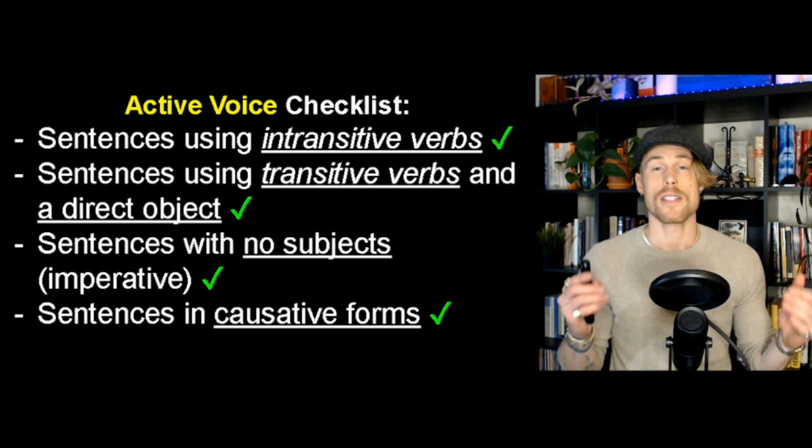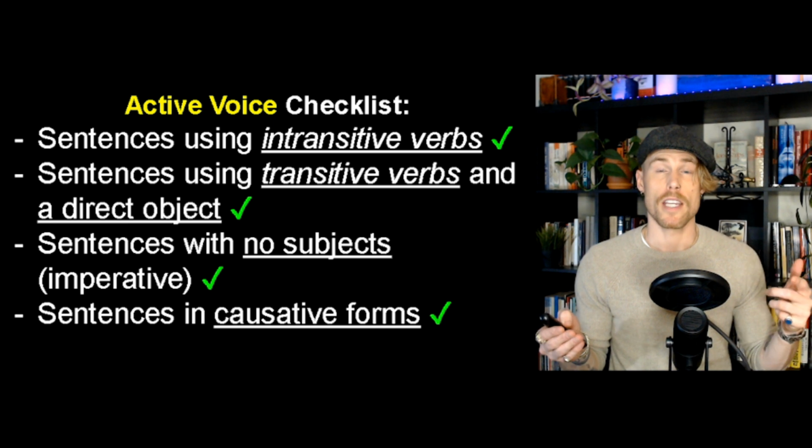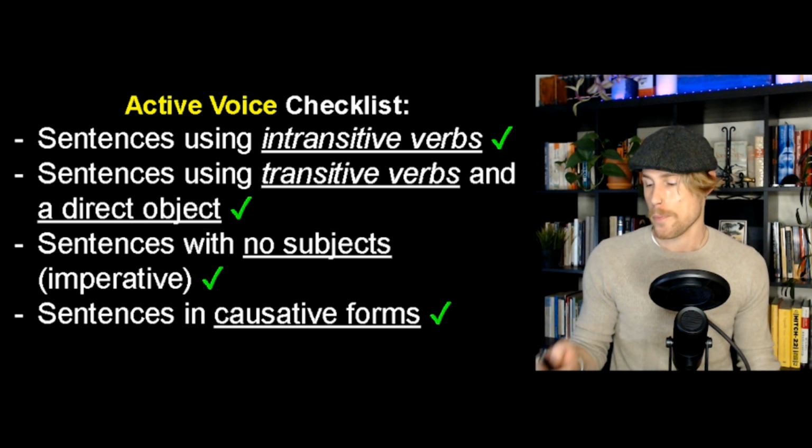Again, this is the checklist for active voice. You can pause the video or take a screenshot and use it to help you. And pause the video, go back if you need to, look at the examples again. Try to find all of the active voice and the reason why it is active voice.